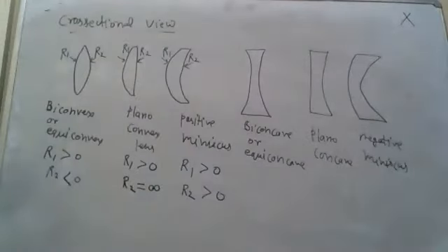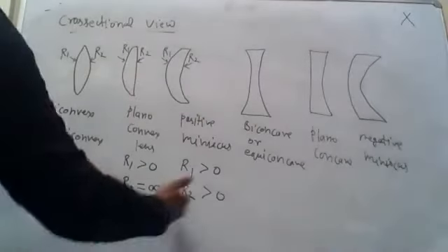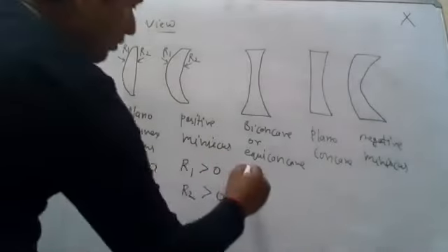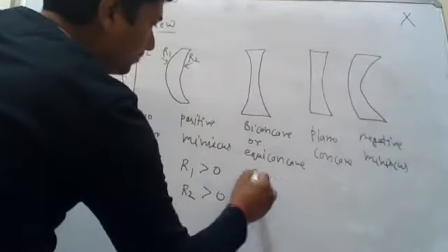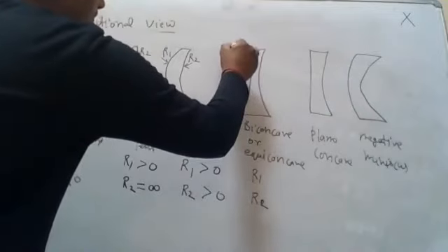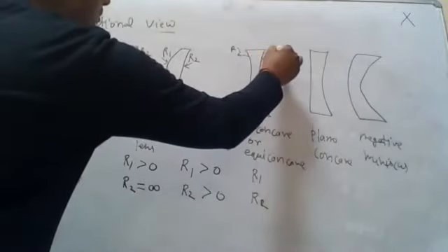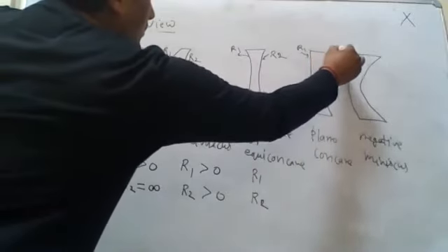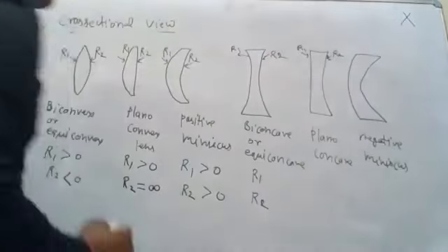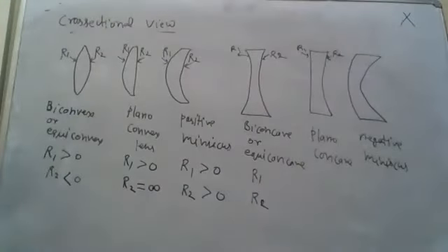Similarly, we can write about the radius of curvature. Can anybody tell what the radius of curvature R1 and R2 is for this? This is R1, this is R2. You can tell that it is just opposite to the biconvex lens.